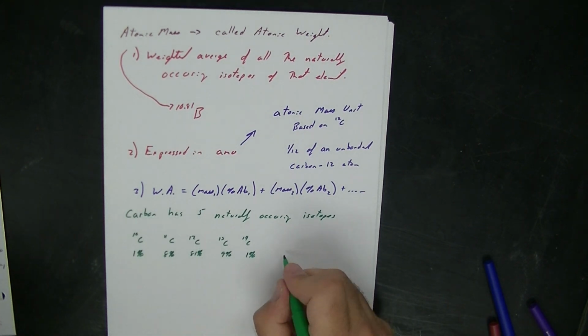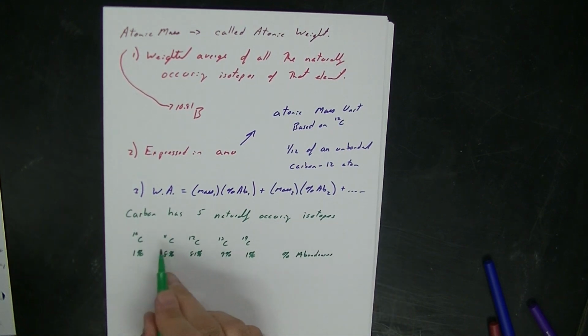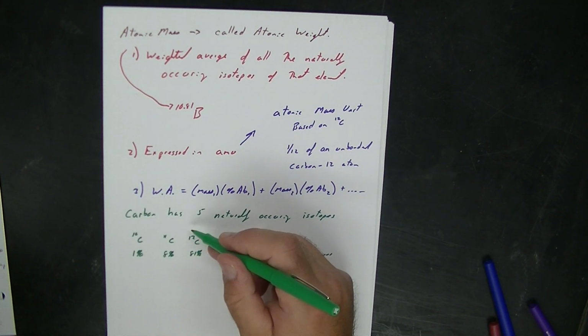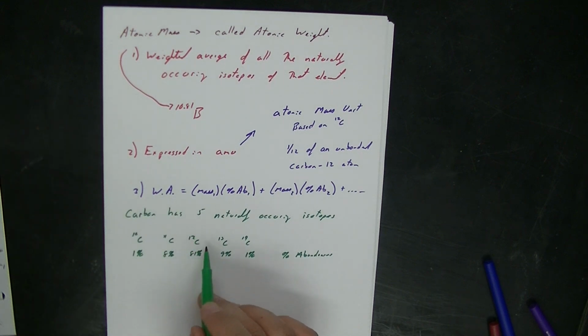These are my percent abundances for each one of these isotopes. Now this is a weighted average, so it pulls towards the one that's most abundant. The most abundant by far is carbon-12, so we're going to expect our weighted average to be somewhere near 12.